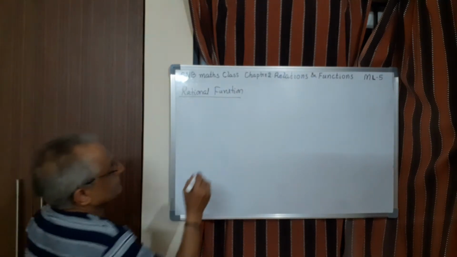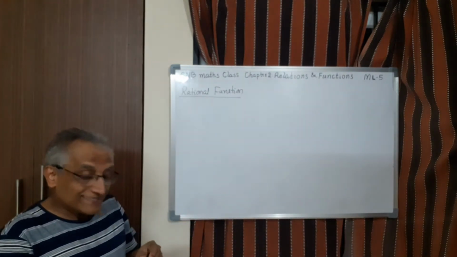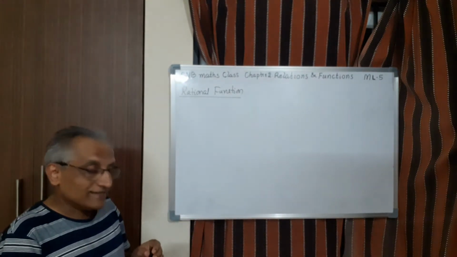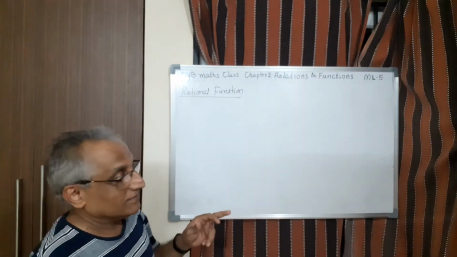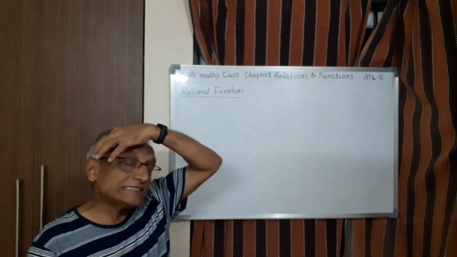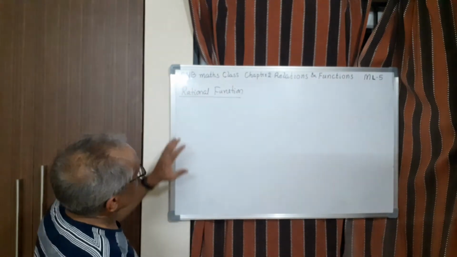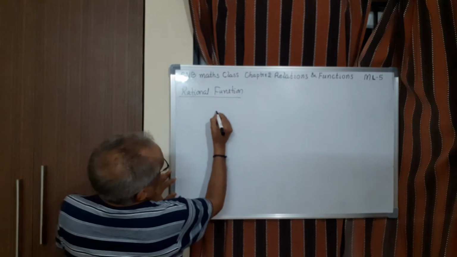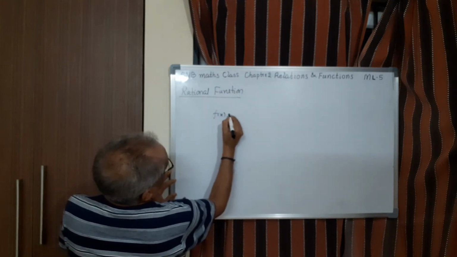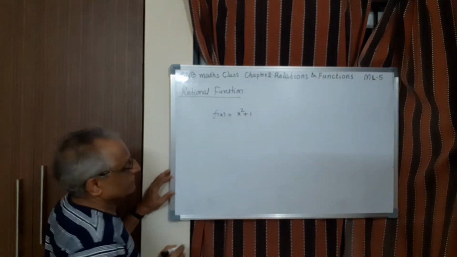Let me first explain what is rational function. You have seen rational number. What is rational number actually? It is a number obtained by dividing one number by another number. For example, one integer divided by another integer. Same way here, suppose you take a function, say f of x equal to x square plus 1. This is a polynomial function.